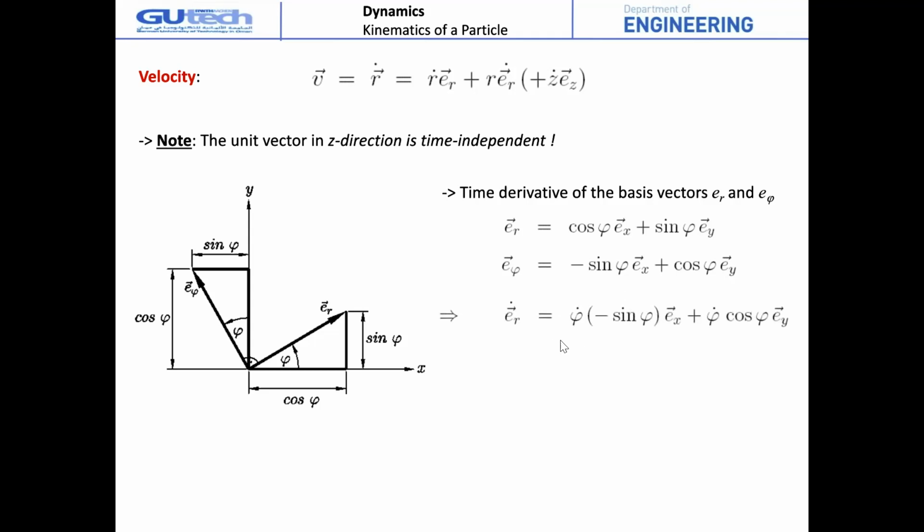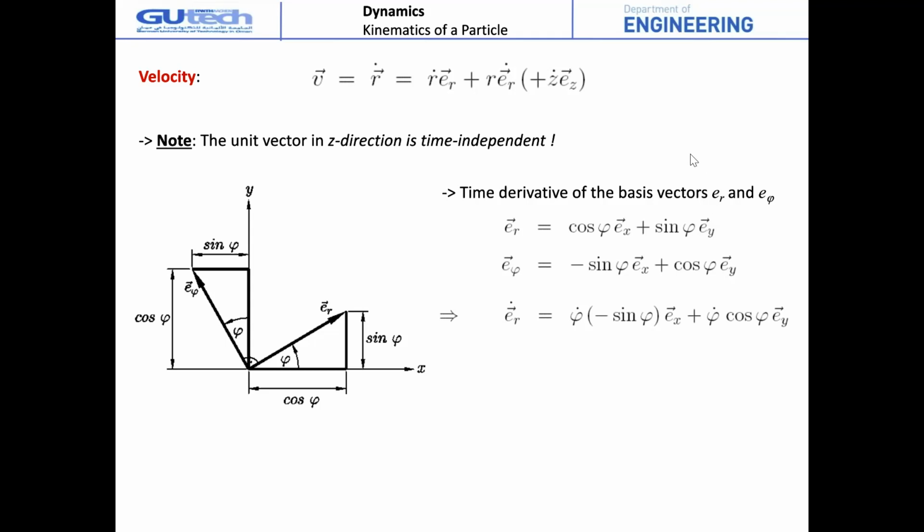If we now replace here and look at eR, what we see is the time derivative of eR has two terms. eX and eY are fixed, which means they don't change with time.